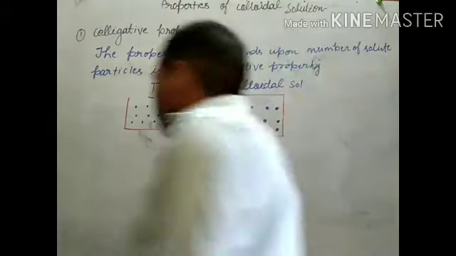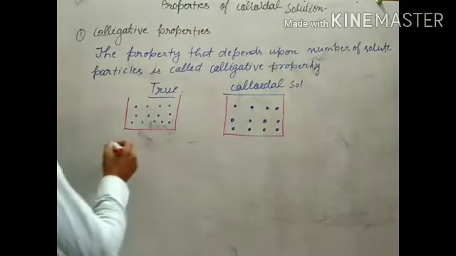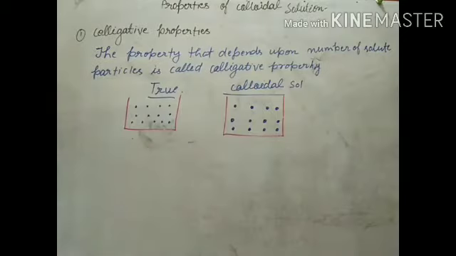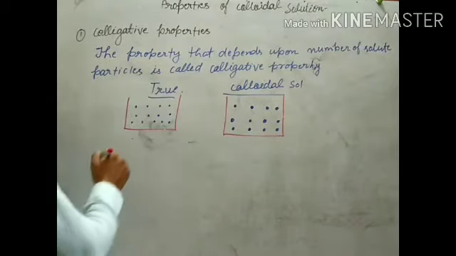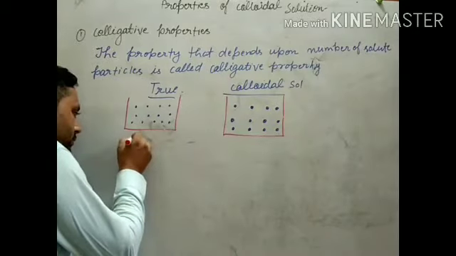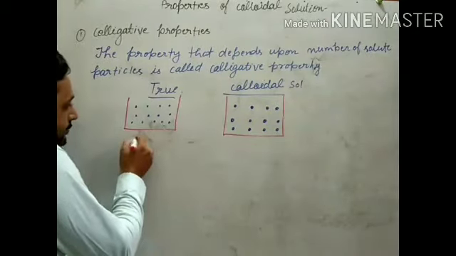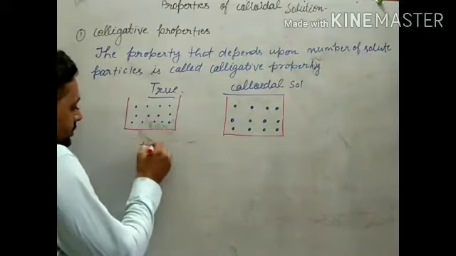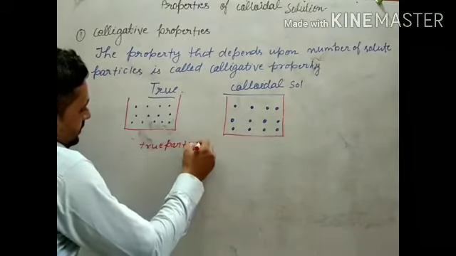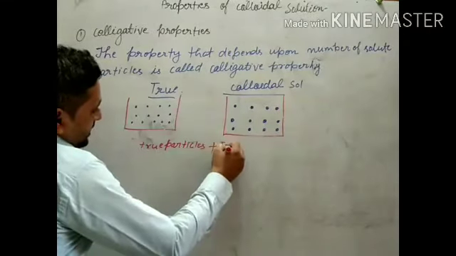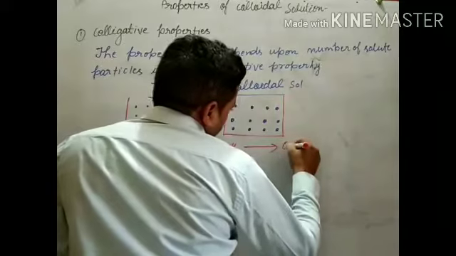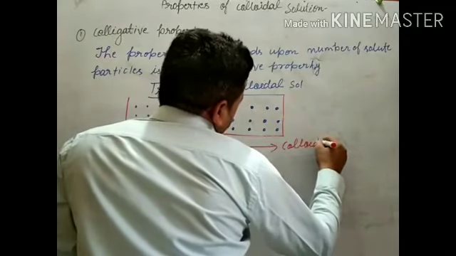In another way, when the smallest true solution particles come together, combined, they form the colloidal particles. Means two particles plus two particles combine and they form colloidal particles.